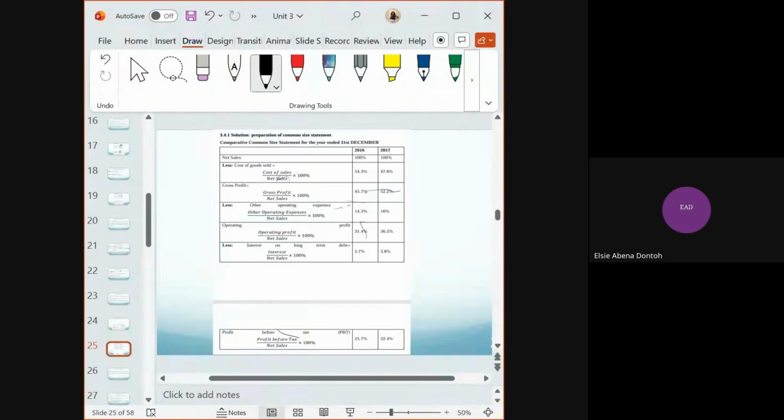So when it decreases to 47.8, it is a good thing. And then you are saying that other operating expenses has increased by 16%. So any other expenses has increased, but the cost of goods sold has decreased. So that's it. I don't know if I've answered your question.